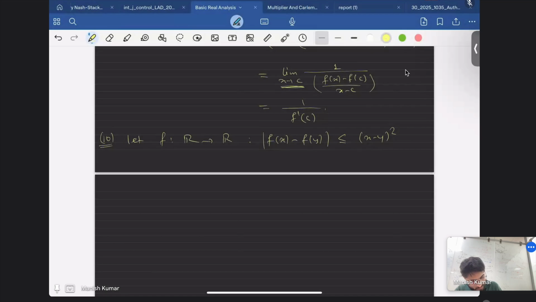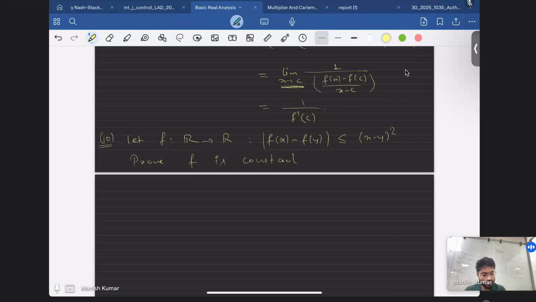So can you tell how? We are able to show that f dash x is 0, then we can. Exactly, and that is clear from this only, right? Yes, sir. You just divide it by x minus y and then you get it.